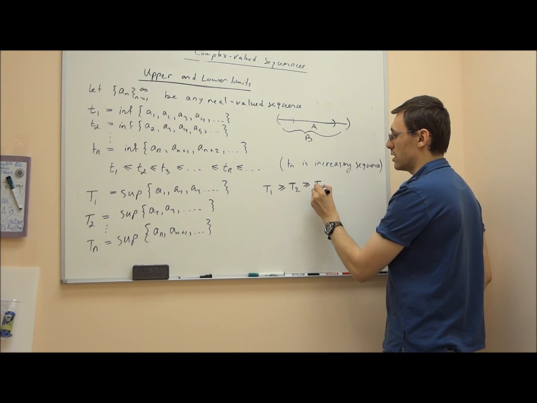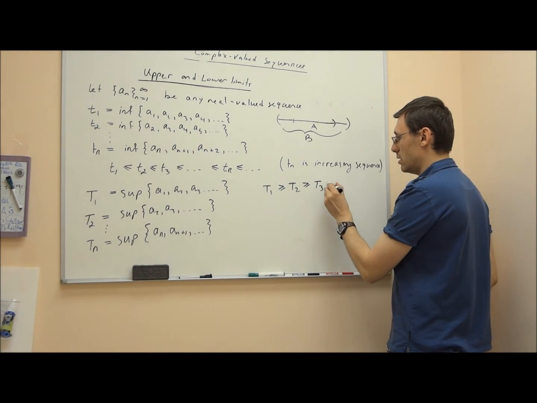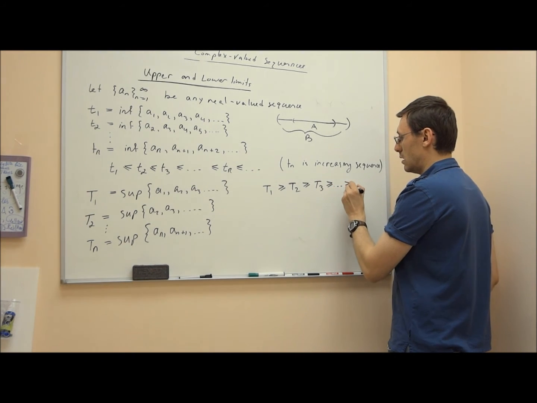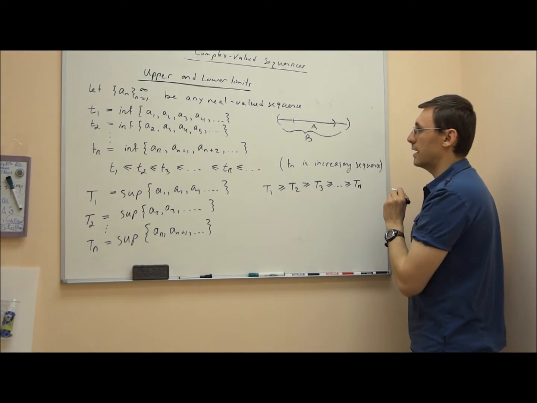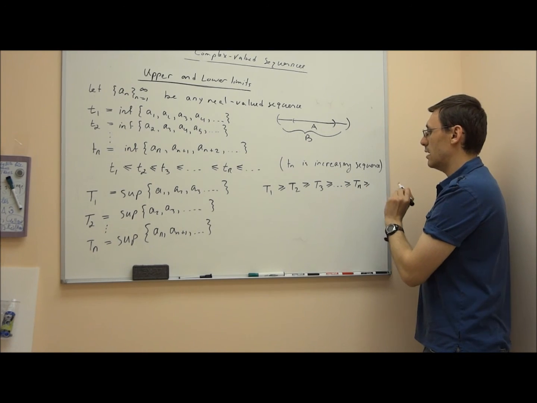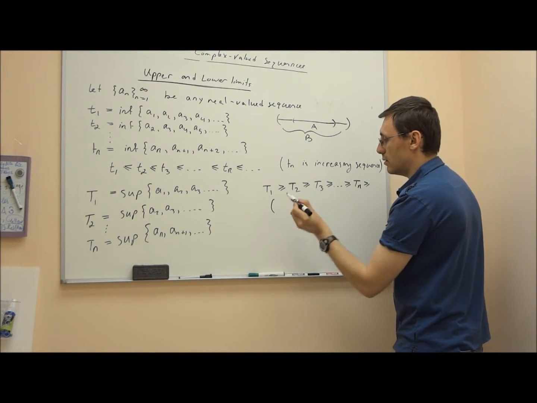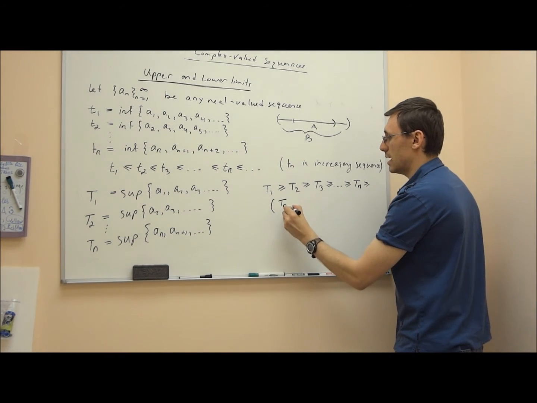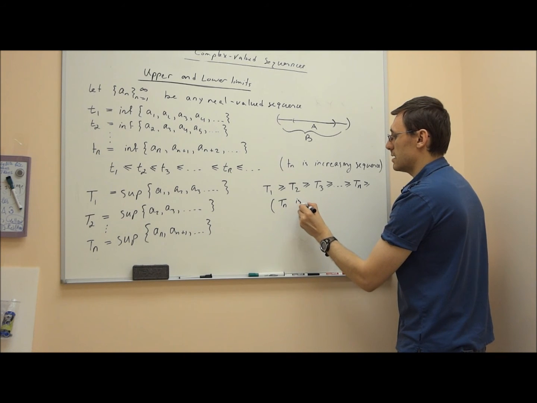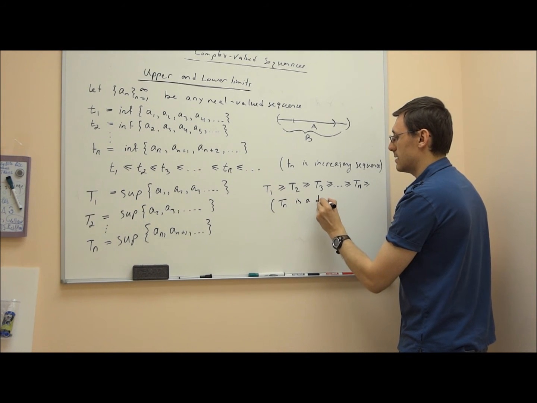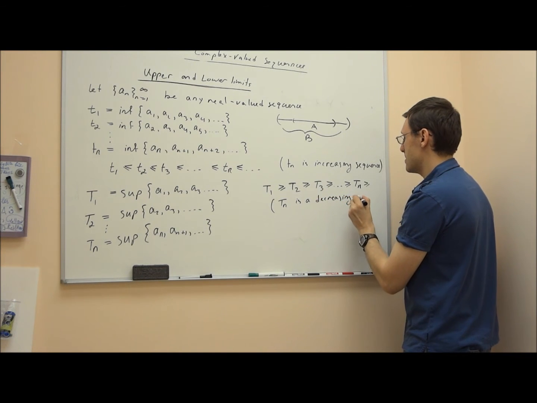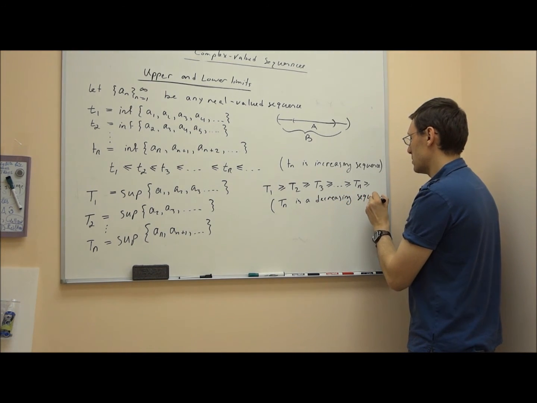Similarly, T3 is potentially smaller than T2. And again, we have a nice looking sequence. The capital Tn's, it is a decreasing sequence.